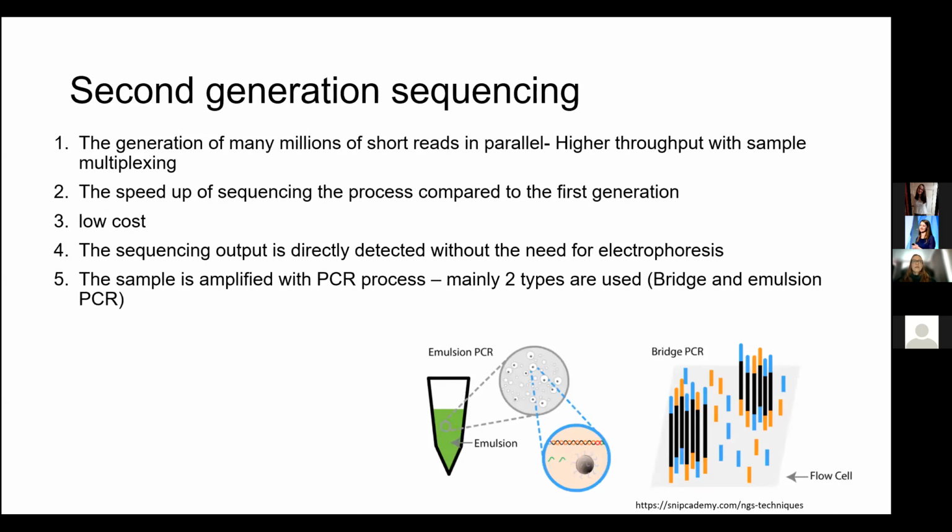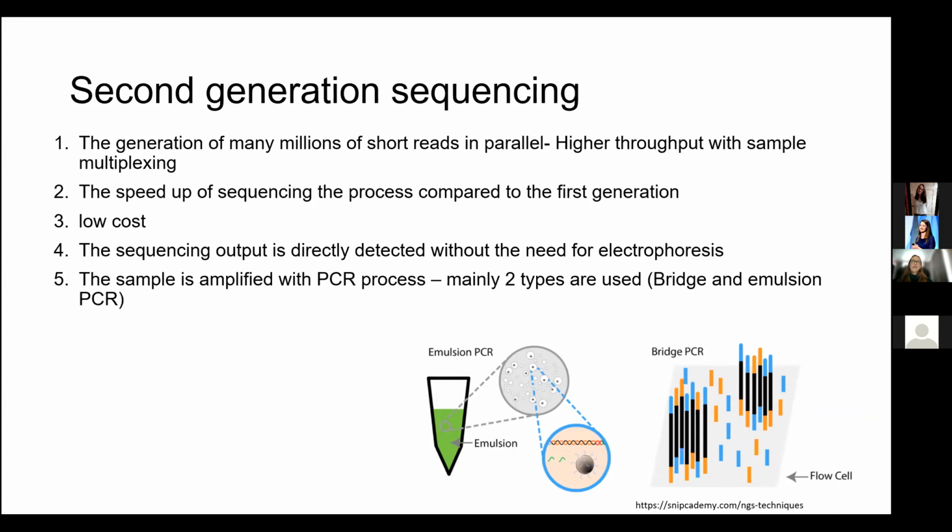So next is second generation sequencing. In this group, there are different technologies. However, there are also common characteristics in these technologies. In second generation sequencing, many millions of reads can be obtained in parallel.